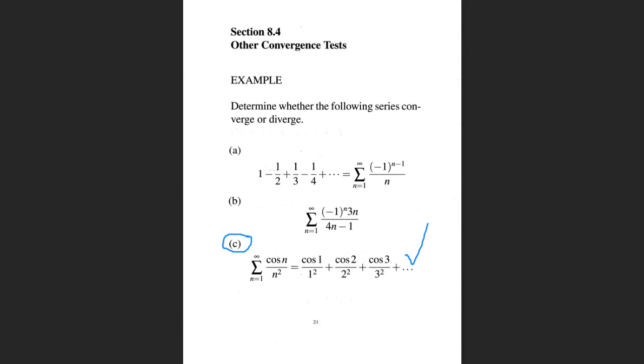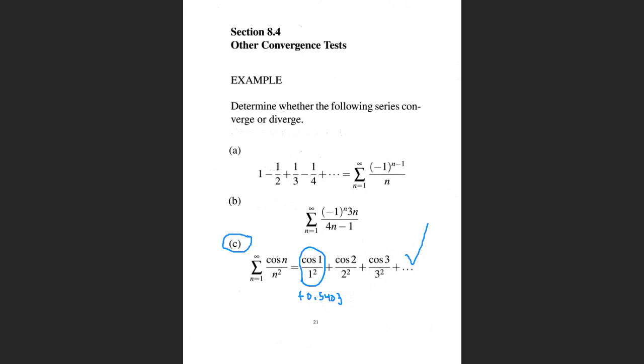Well, you're right, Clea. You might think it's alternating because, for instance, the first term, if your calculator's in radian mode, is going to be positive 0.5403.